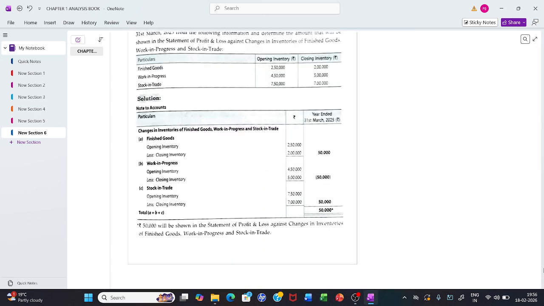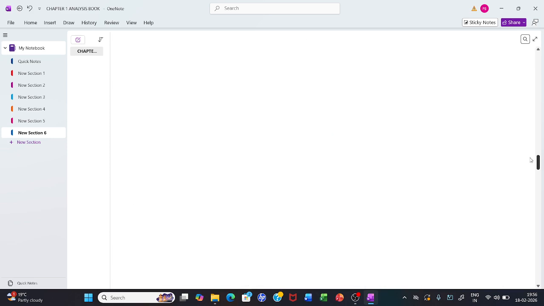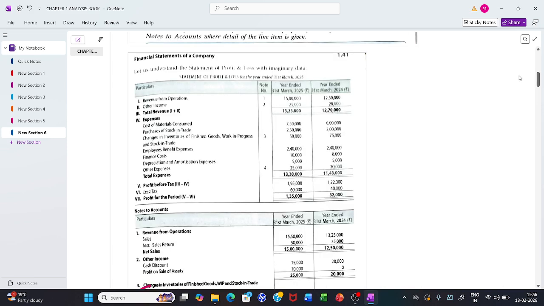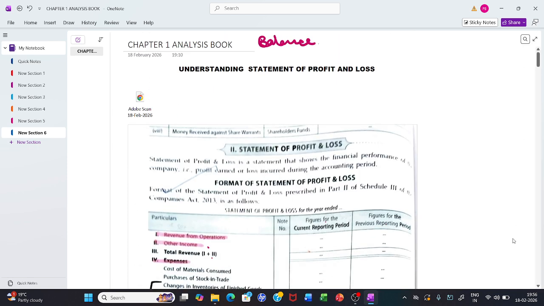So please don't ignore this particular topic. Go through this. A quick reading is sufficient. This will also help you in calculating the income statement for common size or comparative. There also, when these expenses are given, you would come to know how to use them. Clear? So that's it for this topic. Do revise the format of the statement of P&L.